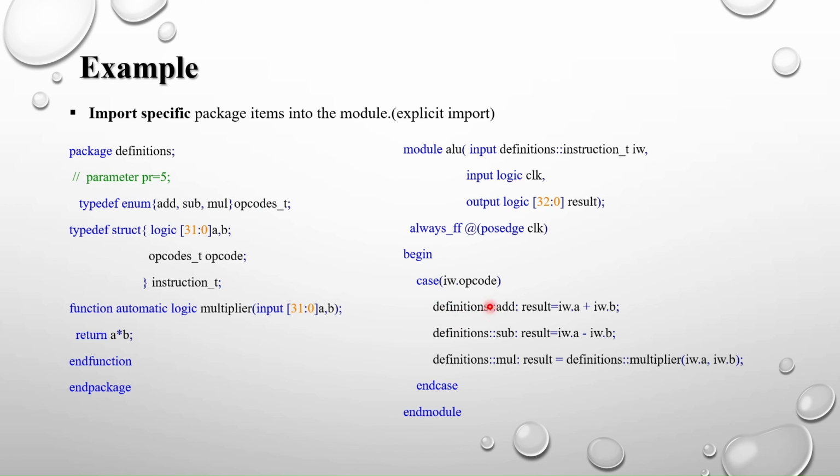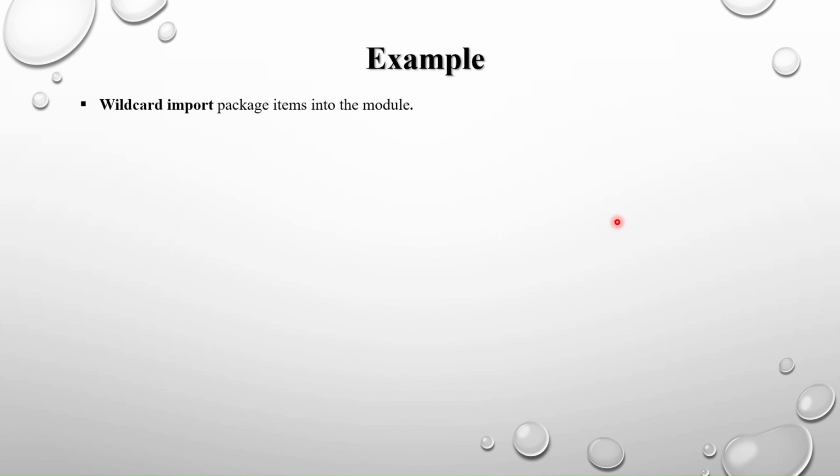By using the package name, the scope resolution operator and the named value add. Like this: definitions scope resolution operator add, definitions scope resolution operator sub, like this. You have to import the specific item. This is the example for explicit import.